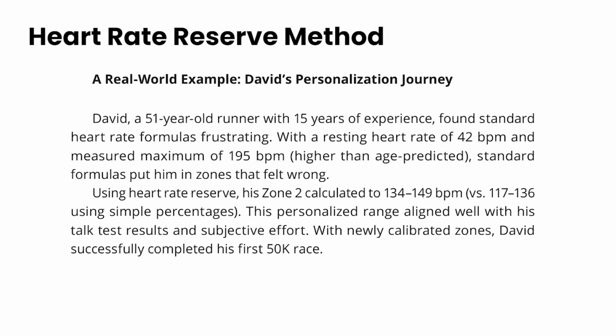Using the heart rate reserve, his zone 2 calculated to 134 to 149 versus the 117 to 136 using simple percentages. This personalized range aligned well with his talk test results and subjective effort. With newly calibrated zones, David successfully completed his first 50K.